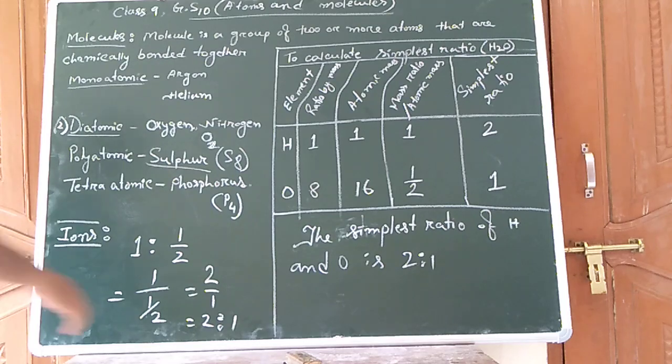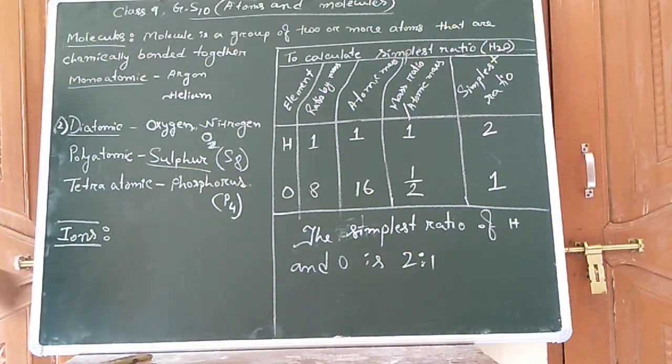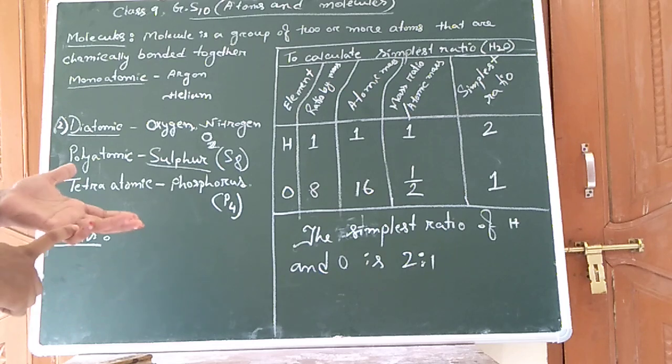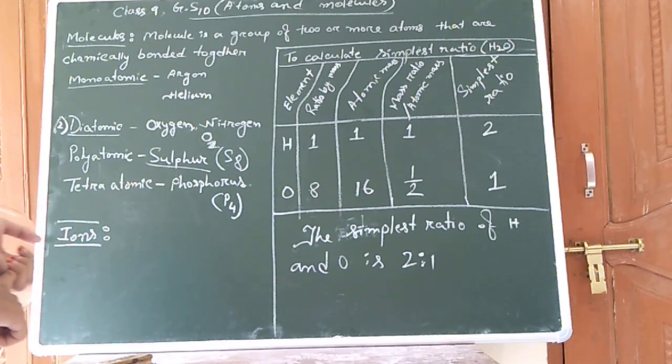The last topic of this video is ions. Compounds are formed by combining metals and non-metals. If metals and non-metals combine, then some ions are produced.